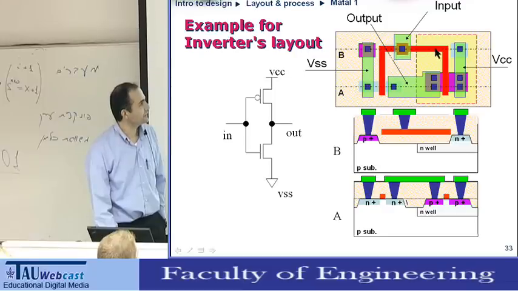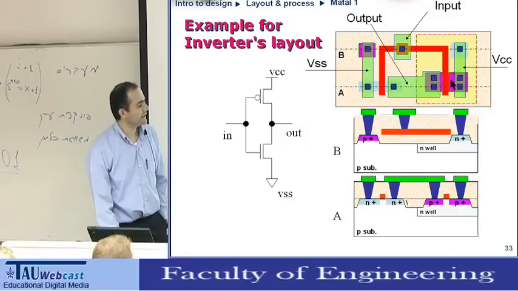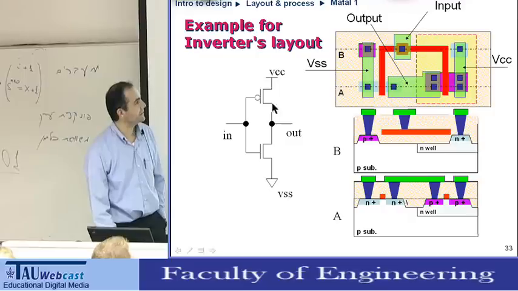And on the other side of the red line, we see the P-channel transistor. This magenta color is the N-well, and in the N-well we have the P-channel transistor, which is this gate here.